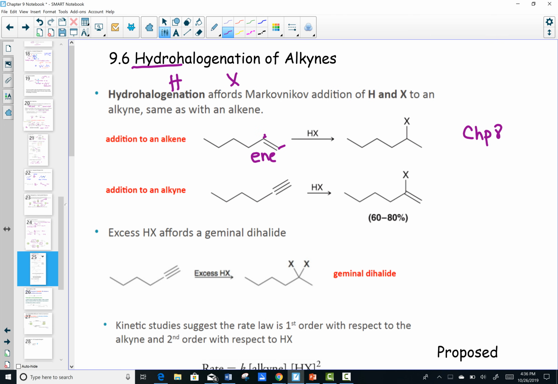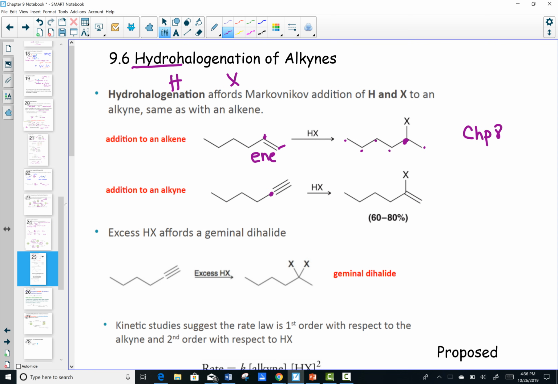The carbocation is the one with the most substituents to create stability. And in the next step, the halogen adds on to the most substituted carbon. So we ended up with 1, 2, 3, 4, 5, 6. At position 2, we'd have a halogen in a 6-carbon chain.